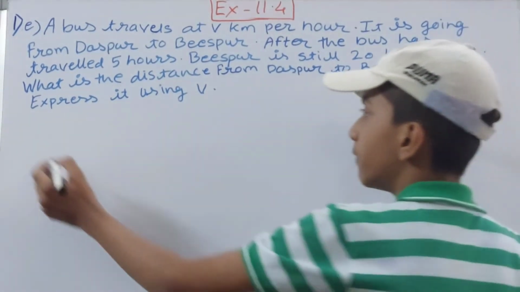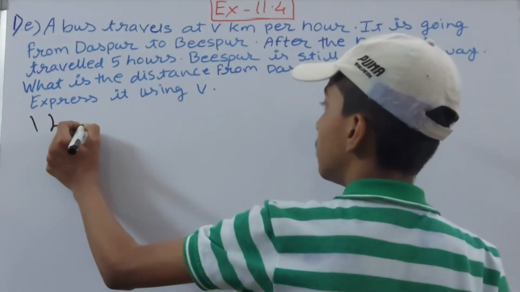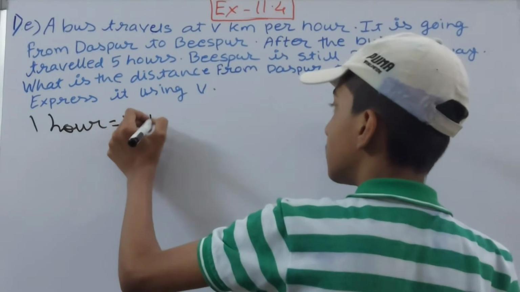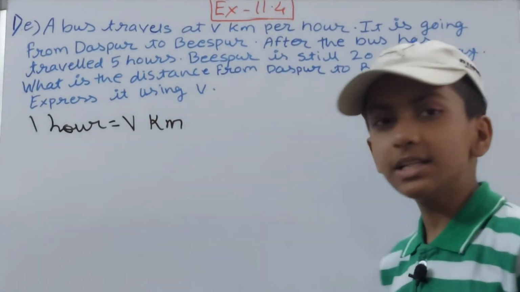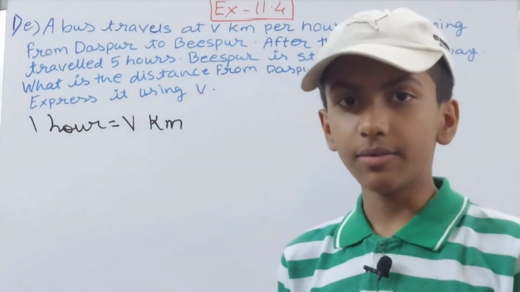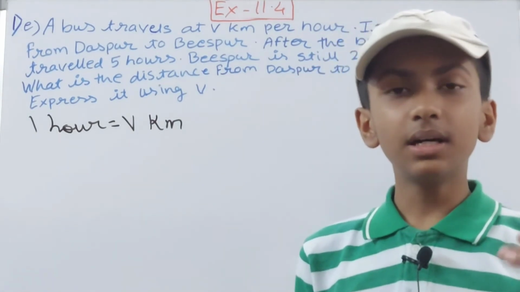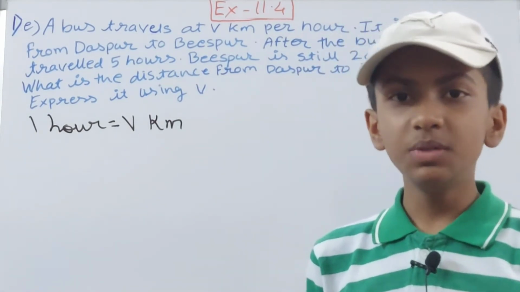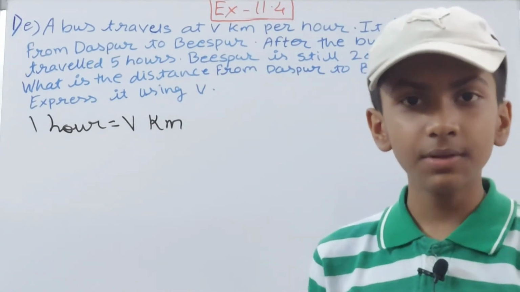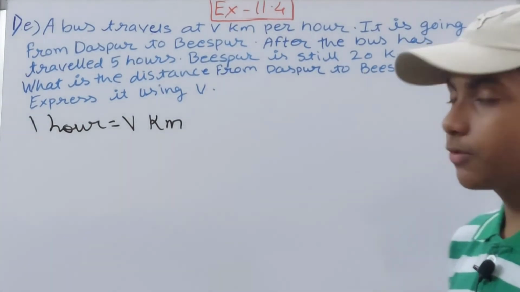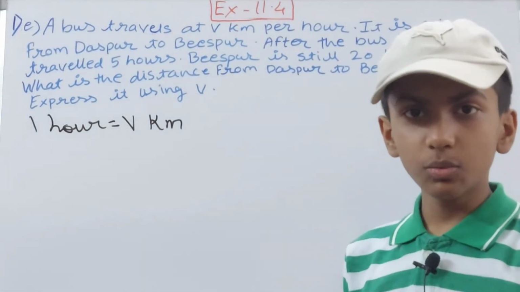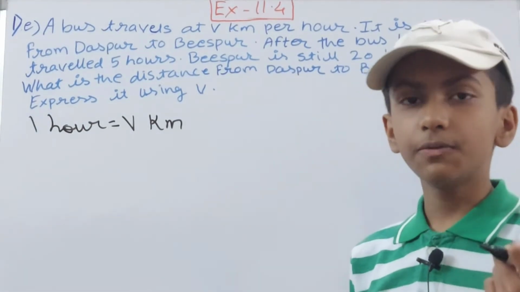So in 1 hour it travels how many kilometers? V kilometers, okay. So now it is saying that when it has travelled straight for 5 hours, then the destination, that is Bijpur, is 20 kilometers away, right?